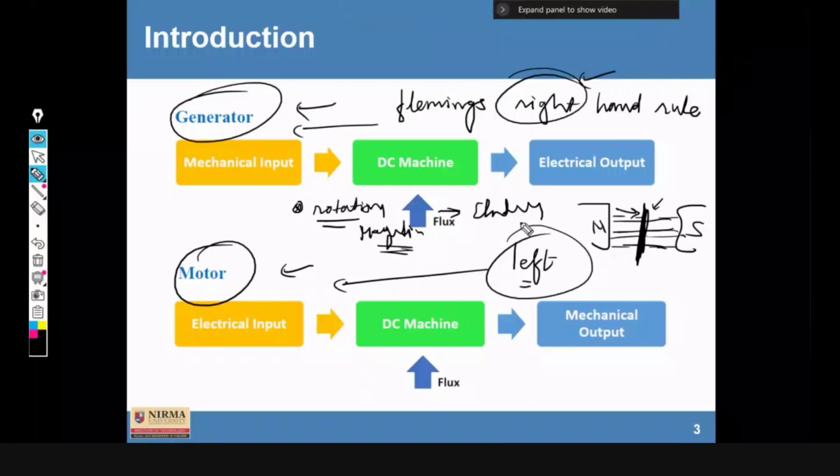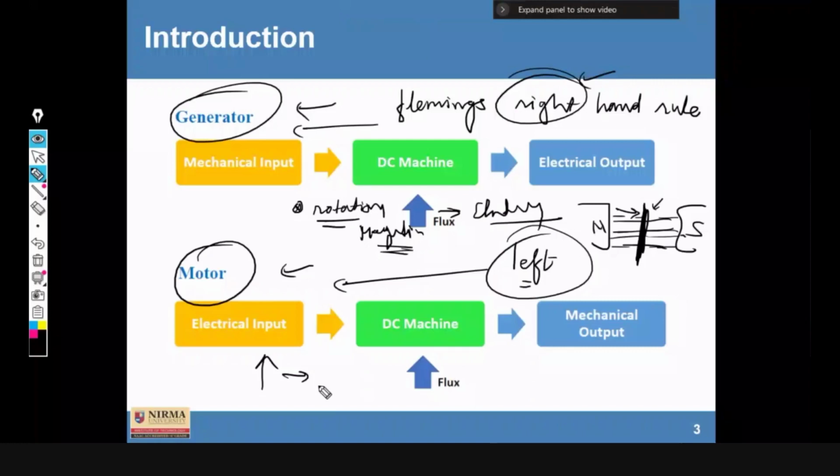In the motor, we give electricity as input, which is converted into an electromagnetic field, and the interaction of two different magnetic fields exerts a torque in the motor. So the mechanical input for the generator, a DC machine, gives electrical output, and we need to give flux. Similarly in the motor, the input is electrical, the flux is given in the DC machine, and your output is mechanical.